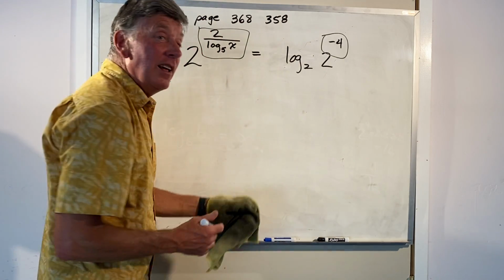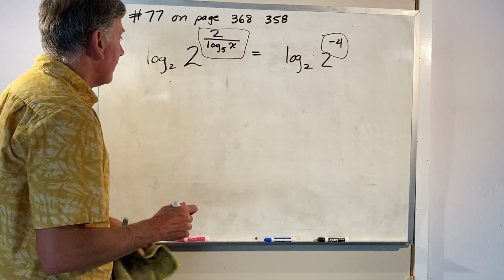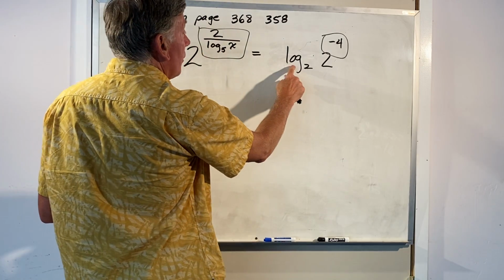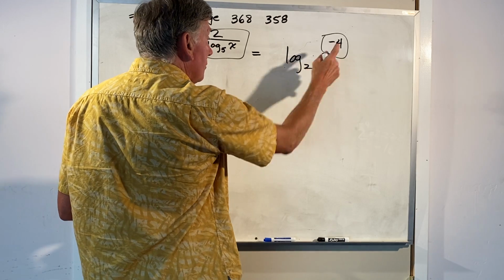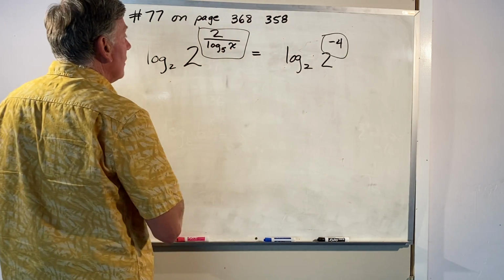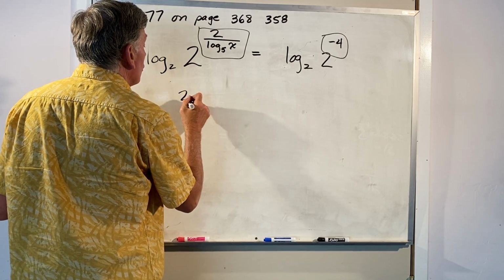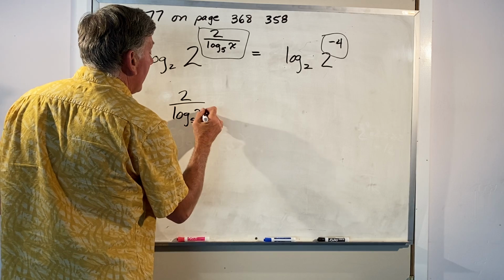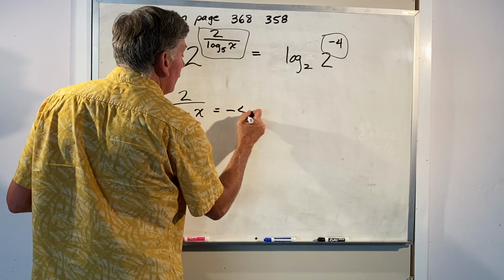If I say usually, always. So log base 2 of 2 to this power is equal to log base 2 of 2 to this power, which means this is equal to this. So 2 over the log base 5 of x is equal to minus 4.